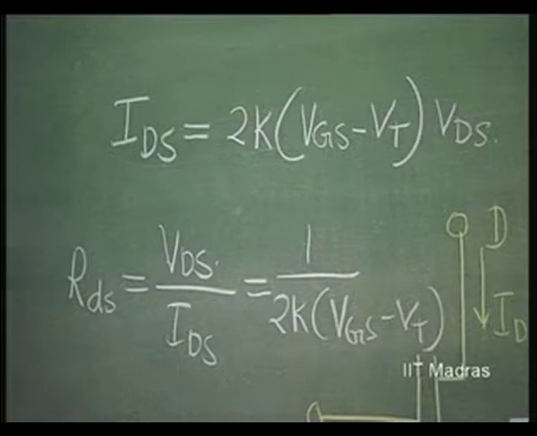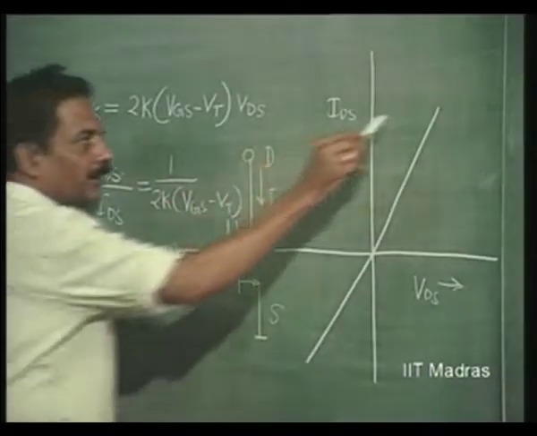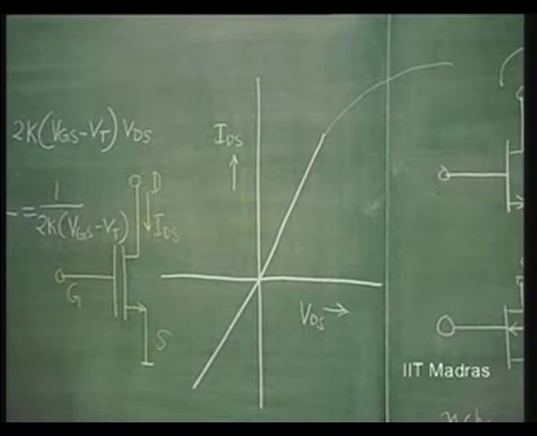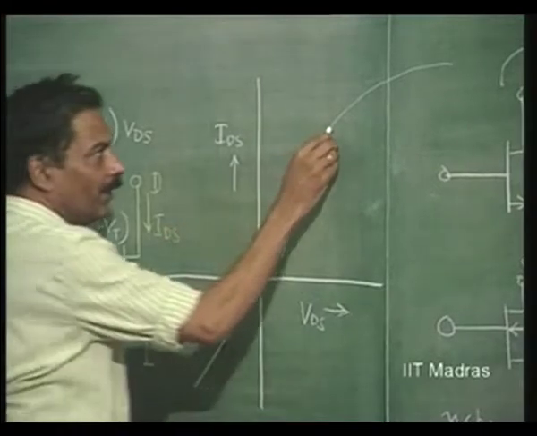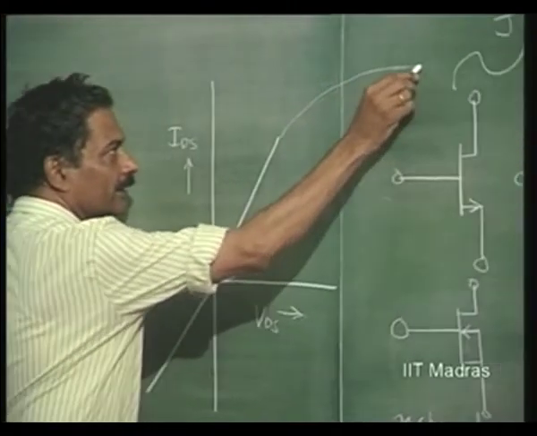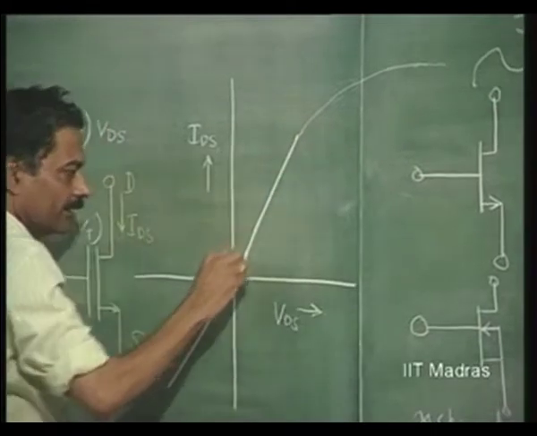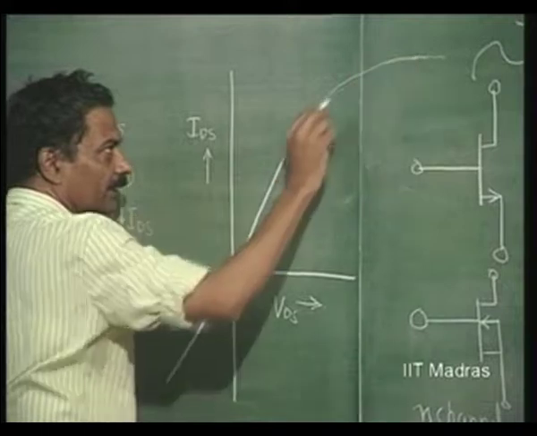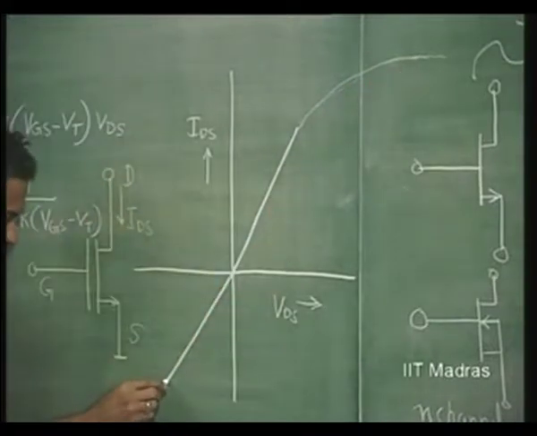This is valid then, as long as it does not really go to this nonlinear region. After a certain point, this goes to nonlinearity here. So, this resistance linearity should not be disturbed by this nonlinearity. Similarly, it goes like this here.